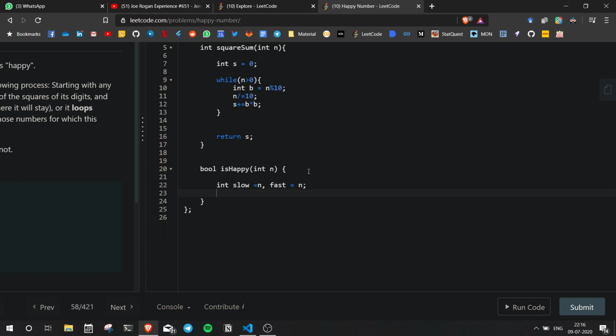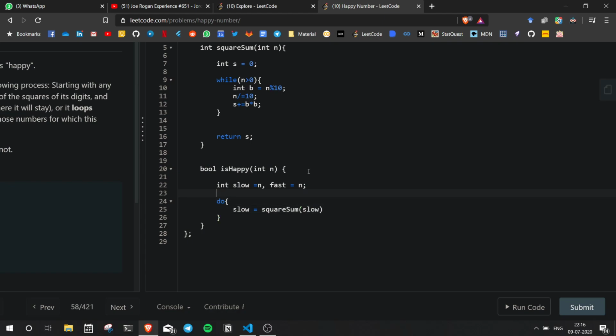When they meet, we can check if the meeting point is 1. If so, it's a happy number, because we know that a happy number will converge at 1 and stay at 1. But if it's not at 1, then we know it has converged at some other point, and thus it cannot be a happy number. So to do that, we'll have slow equals square sum of slow.